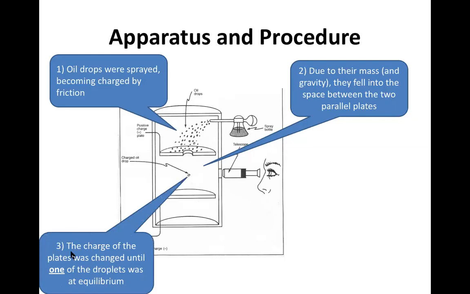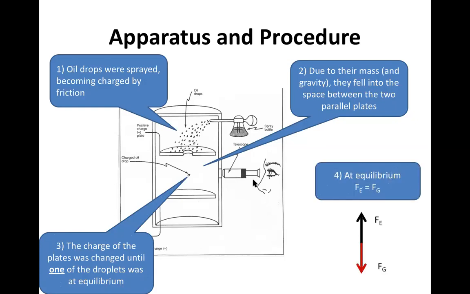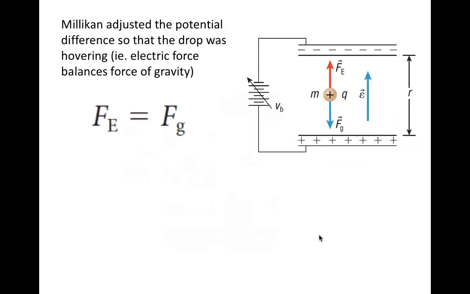And then the third step, the charge of the plates was changed until one of the droplets was at equilibrium. And then at equilibrium, Fe equals Fg, and there is a calculation that we're going to do at this point to find q. So Millikan adjusted the potential difference so that the drop was hovering.